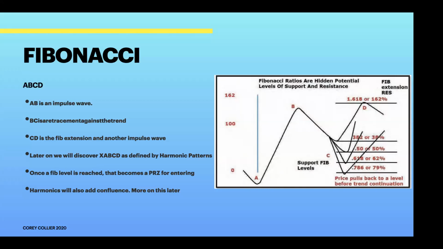So looking at this picture here to the right, we got A at the low, B at the high. We enter, as I told you guys earlier, in between the 618 and the 786.